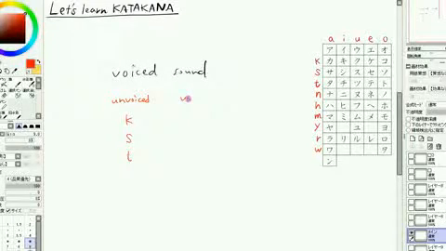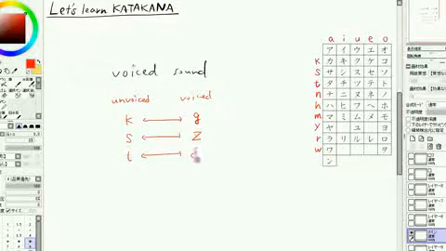The voiced sound that corresponds to K is actually G. What corresponds to S is Z, I guess. Yeah, and for T, that would be D, like that. So you know these voiced sounds.